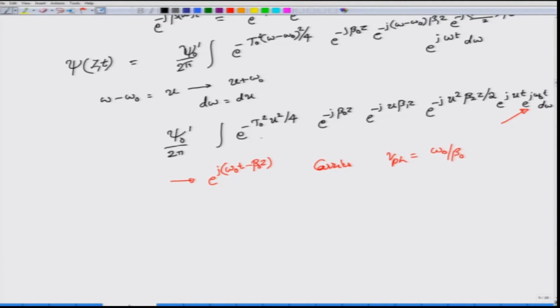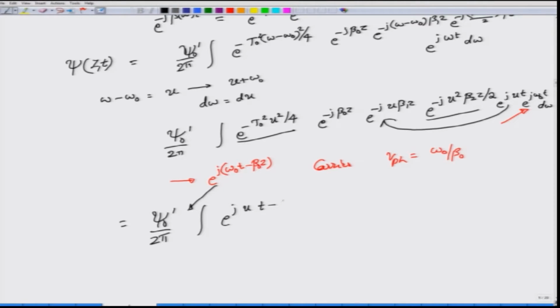What is now remaining can be grouped again together. Okay. So, there are terms which are u square dependent. So, I can group this term with this one. I can write this e power j u of t, e power j u beta 1 of z. So, I can write this one and say psi 0 prime by 2 pi. I am not writing this e power j omega 0 t minus beta 0 into z term, but you have to assume that the term is there. So, you have e power j u as a common factor.